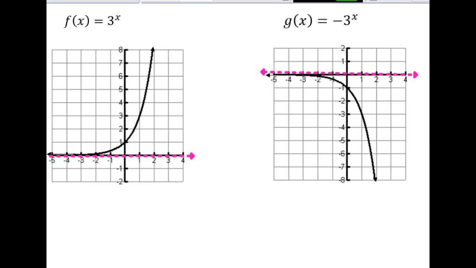The first thing you're going to do on every single problem is pick up your highlighter and highlight your asymptote. If the graph is below the asymptote, it's been reflected, so there's a negative sign out in front. If the graph is above the asymptote, it hasn't been reflected, so there's no negative sign out in front. Find that key point.